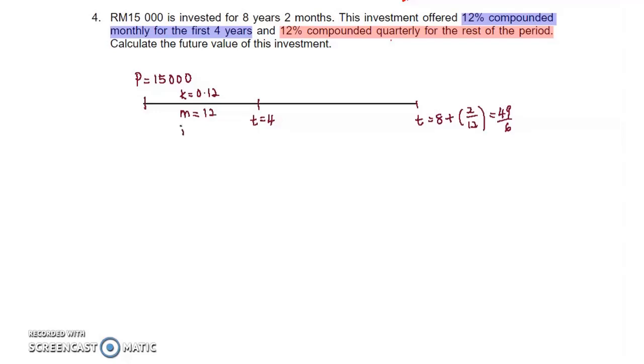Okay, so you calculate I here, I equals K over M. So I is 0.01. N equals M times T. So 12 times 4, first 4 years. So here N equals 48. Okay, for the rest of the period, that means another 4 years and 2 months. So here T is 4 years, 2 months.